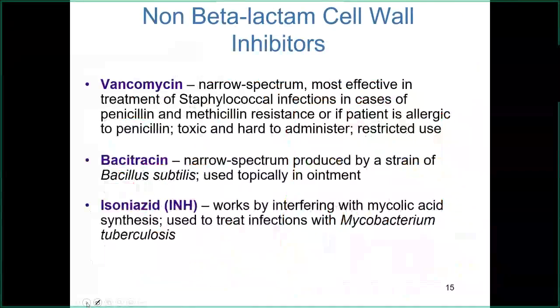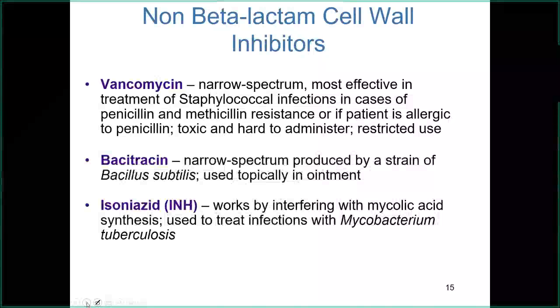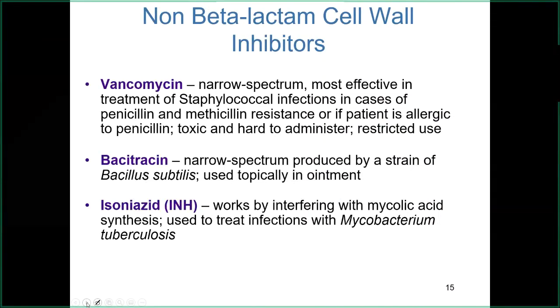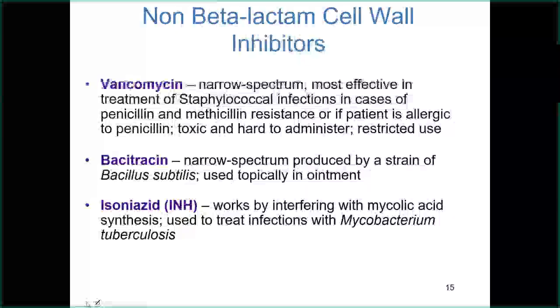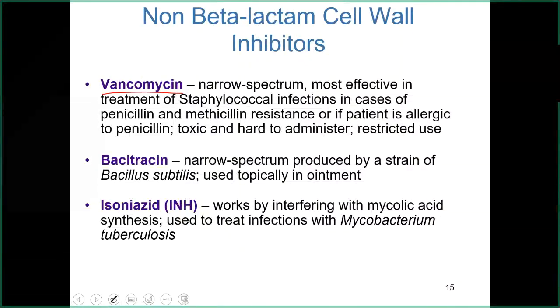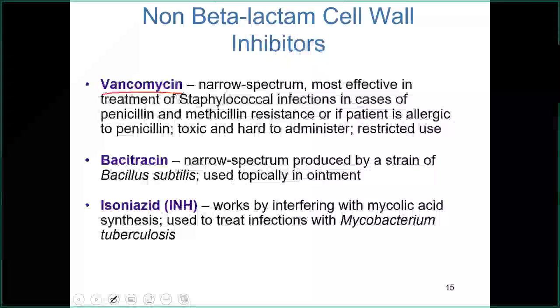Now, there are some drugs that can inhibit cell walls that are not considered to be part of the lineage of penicillins or the lineage of cephalosporins. They're not really all that closely related to them. But one is vancomycin, which is a very powerful drug.